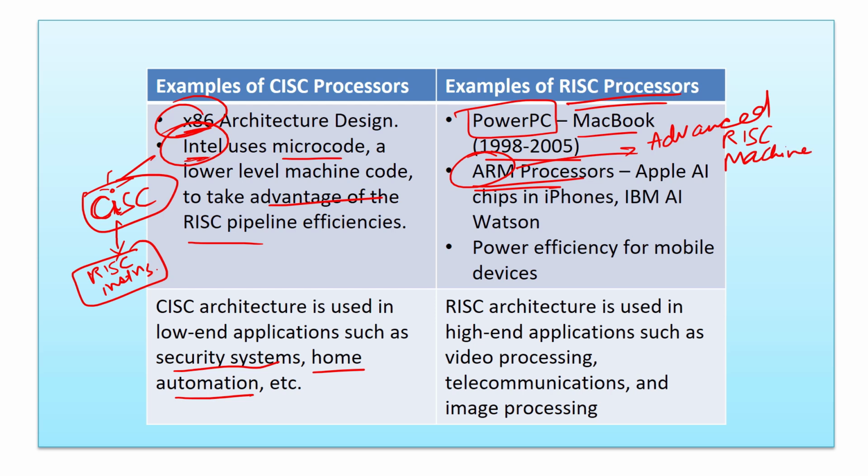So the ARM processors are being used in the Apple AI chips in the iPhones, and also IBM's Watson is using the ARM processor, which is based on RISC processing, and it is very efficient for mobile devices. All the Android phones are also using RISC processing. So RISC architecture is used in video processing, telecommunications, and image processing.